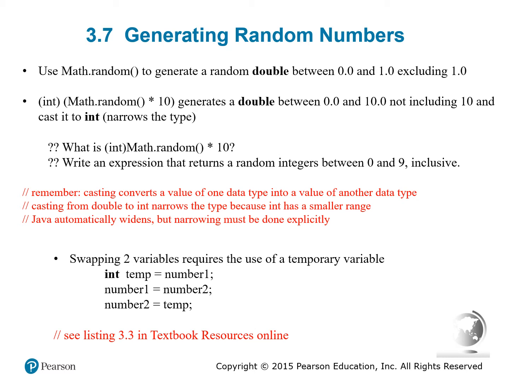To do so, we first introduce a temporary variable we call temp, and we store the value of number1 into temp. Next, we store the value of number2 into number1, and finally, we replace number2 with the value that's currently in temp. It's important to remember that in order to successfully swap two variables, you must always introduce a temporary variable.